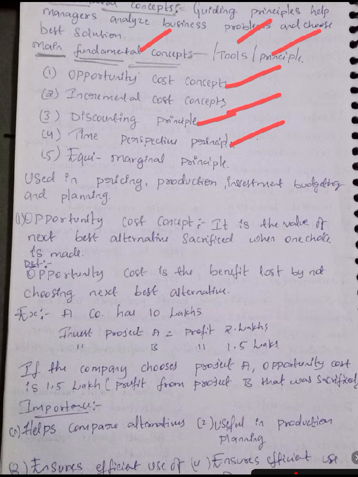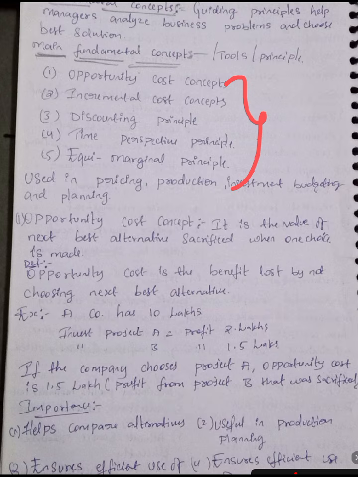The fifth is the equi-marginal principle. I hope you understood what I mean to explain. In total, we have discussed five: opportunity cost, incremental cost, discounting principle, time perspective principle, and equi-marginal principle.